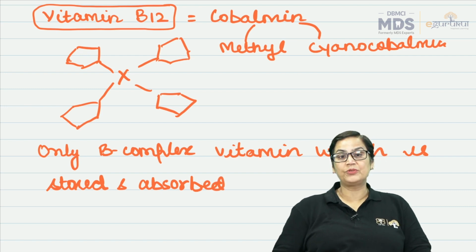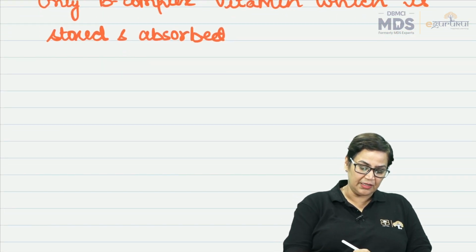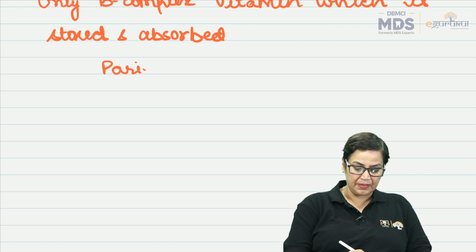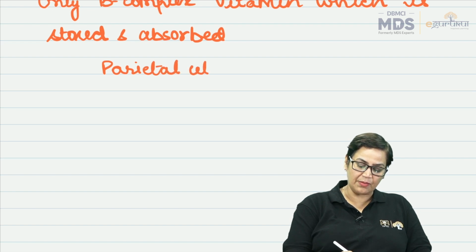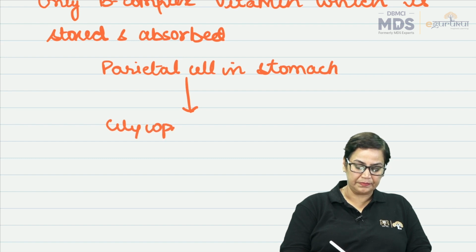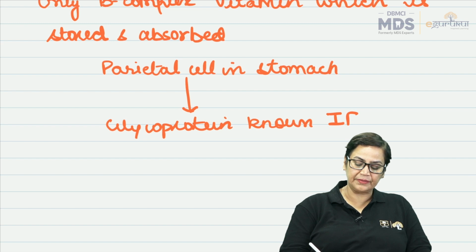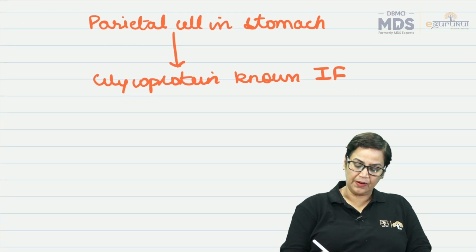So how does the absorption of this B12 take place? What happens is, the parietal cells in the stomach release a glycoprotein known as intrinsic factor.